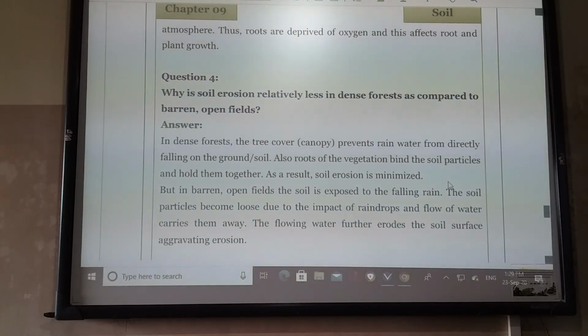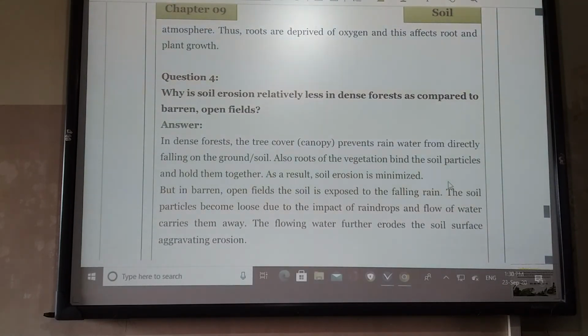Lastly, why is soil erosion relatively less in dense forest as compared to barren open field? Because in a dense forest, the tree cover, the canopy, prevents the rainwater from directly falling on the ground and soil.